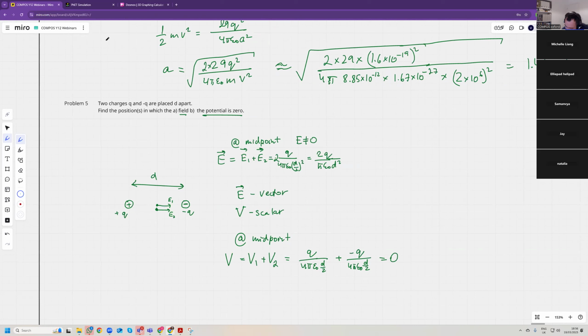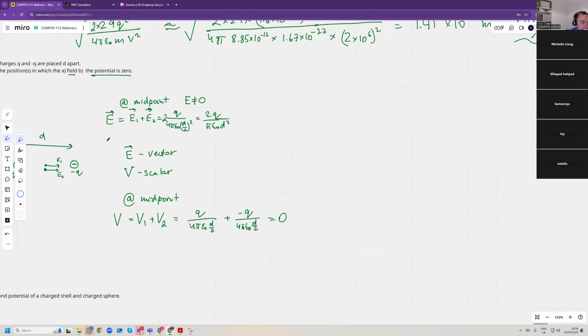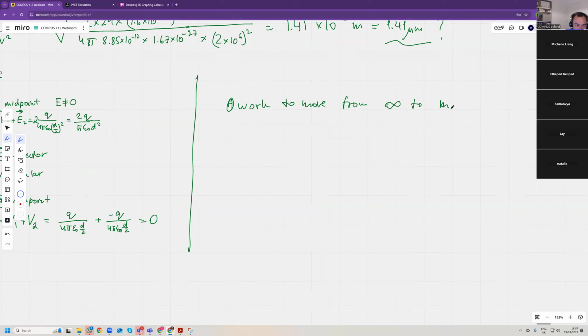That means you need to do 0 work to move a charge from infinity to that point. But that also means if you release a charge from that point, at infinity it will have 0 energy. So let me explain. 0 work to move from infinity to the midpoint.